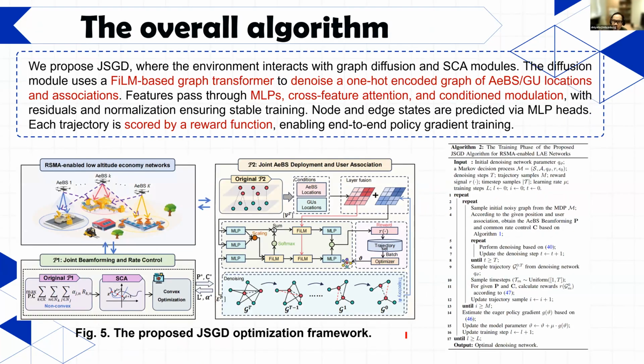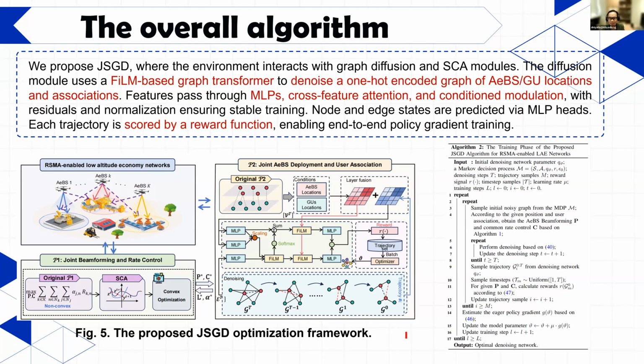So for the overall algorithm, the environment interacts with the graph diffusion, and we have the SCA module that optimizes the continuous variable. In the diffusion module, we use the FiLM-based graph transformer to denoise the one-hot encoded graph for the aerial base station deployment and the ground user association.